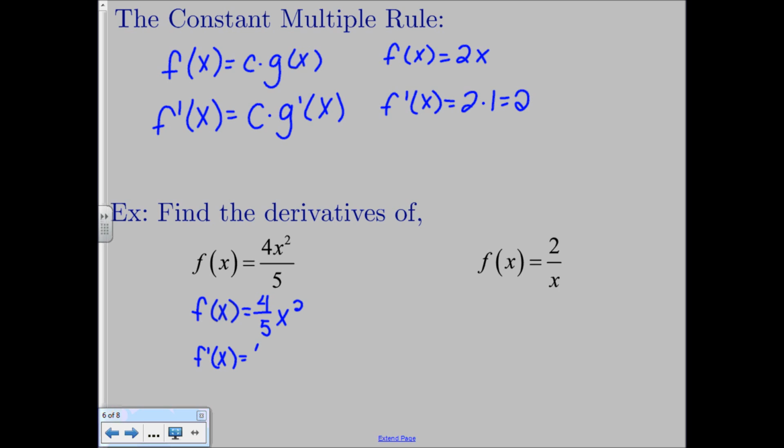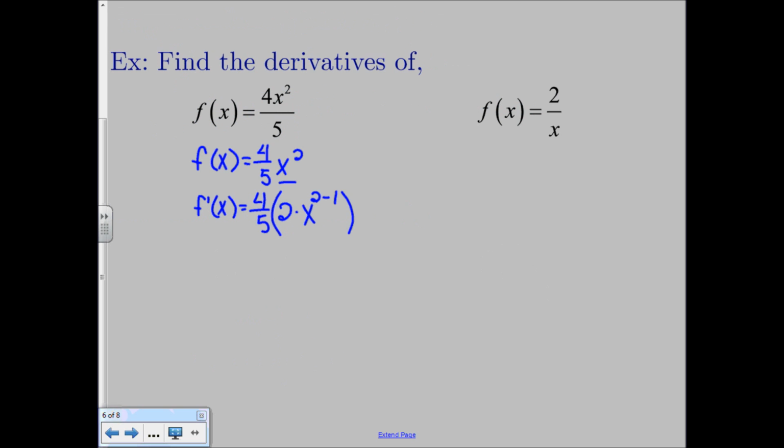Our constant is going to stay the same, so we'll do 4/5, parentheses, and then take the derivative of this x squared term. Using the power rule, bring down the 2 as a coefficient, 2 times x to the 2 minus 1. So we're going to get 4/5 times 2x, which is just going to be 8x over 5. Simple enough.